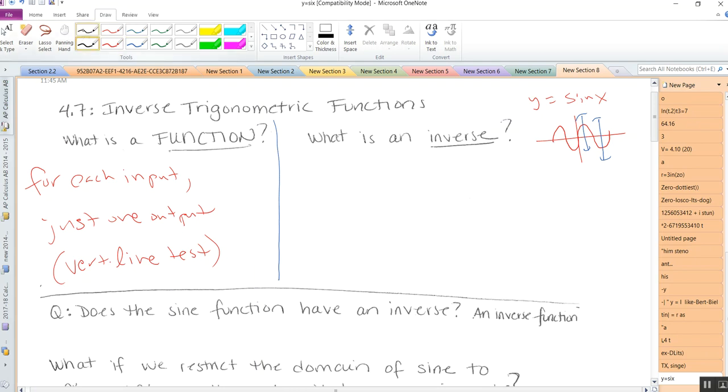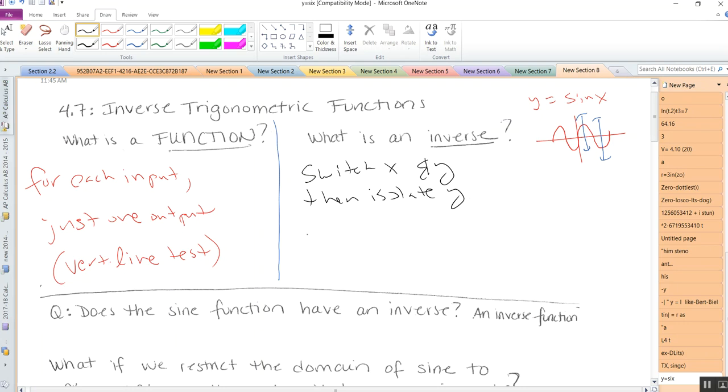Now, what's an inverse? Hopefully you remember how to find inverses. We've talked about this in this class as well as last year in Algebra 2. What you want is to switch x and y and isolate y. Pretty simple, right?